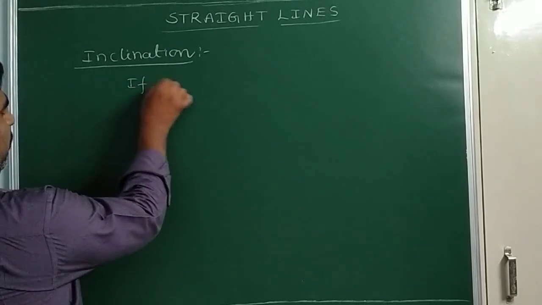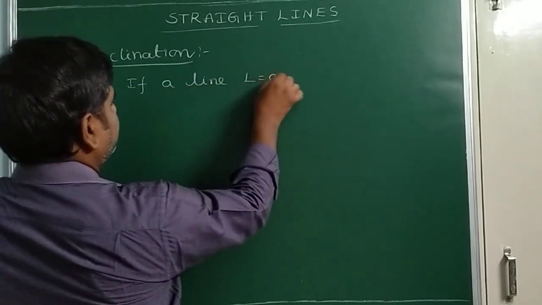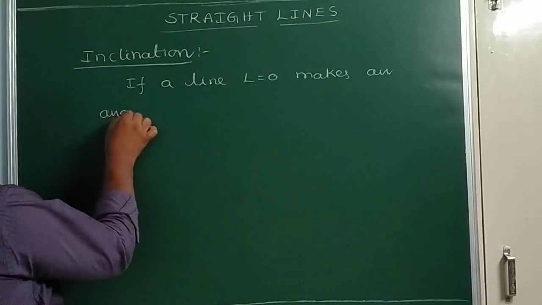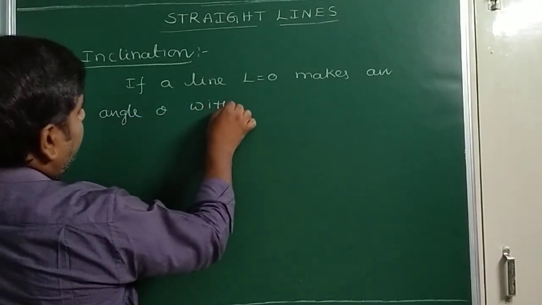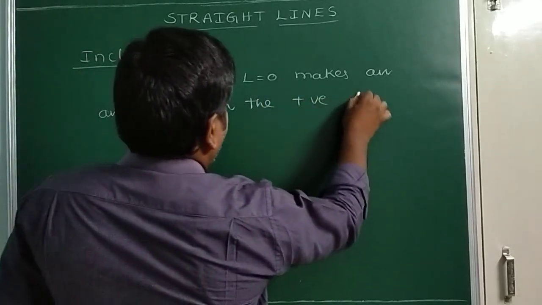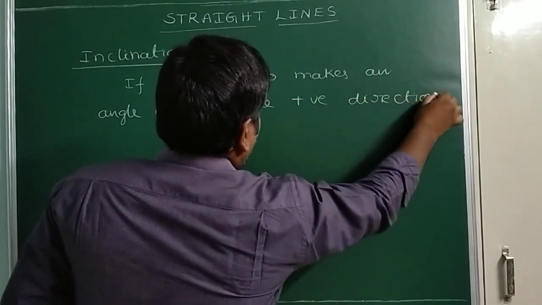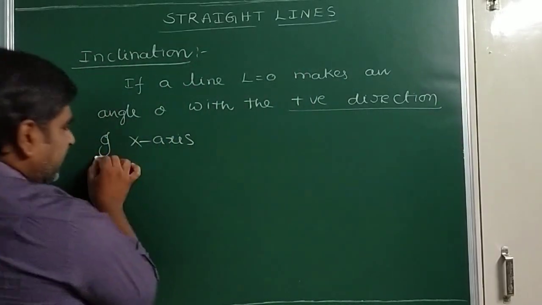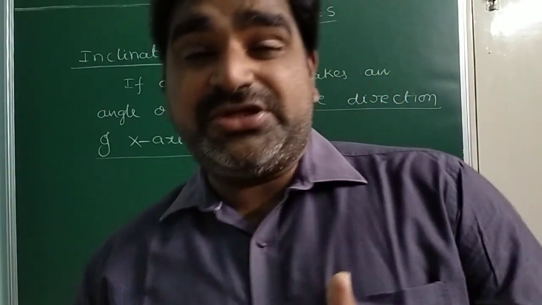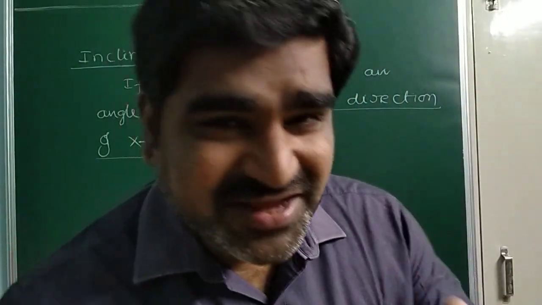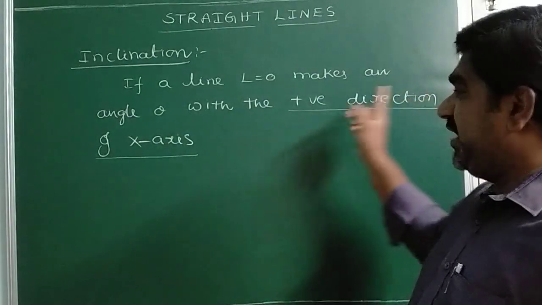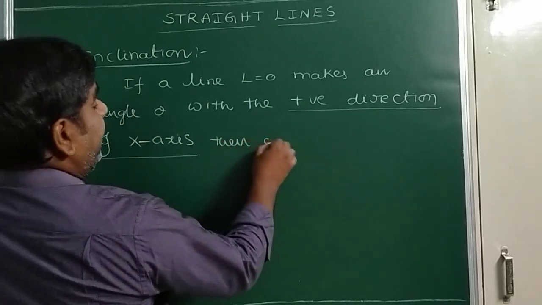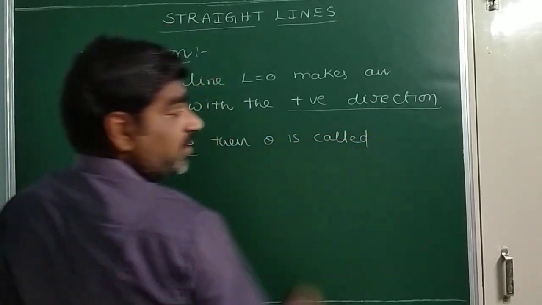If a line L equals 0 makes an angle theta with the positive direction of x-axis, then theta is called inclination. It's very important: the positive direction of x-axis is the anti-clockwise direction.